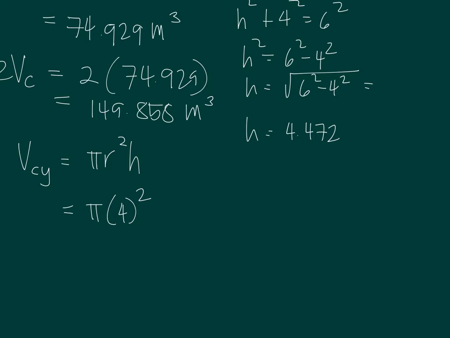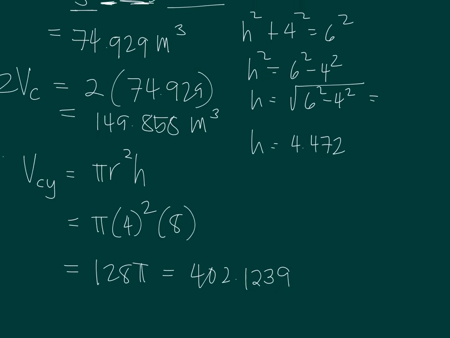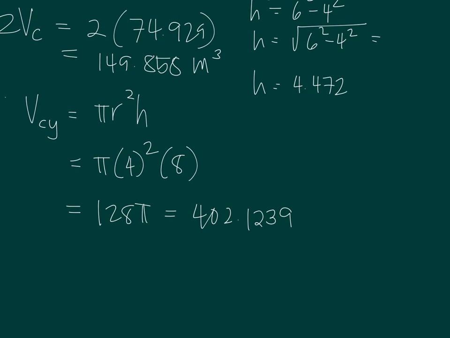So that's pi times 16 times 8 equals 128 pi, and 128 pi is equal to 402.124 m cubed.